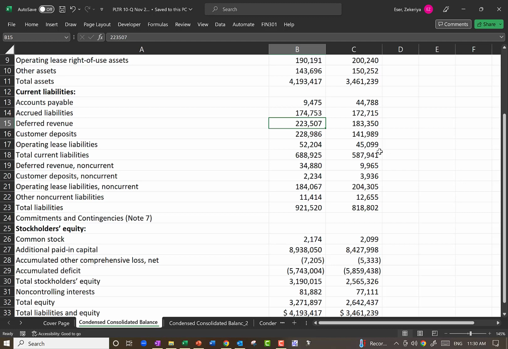You have recognized it as revenue, which means it's a liability of yours. Same thing with customer deposits. And that's about it.